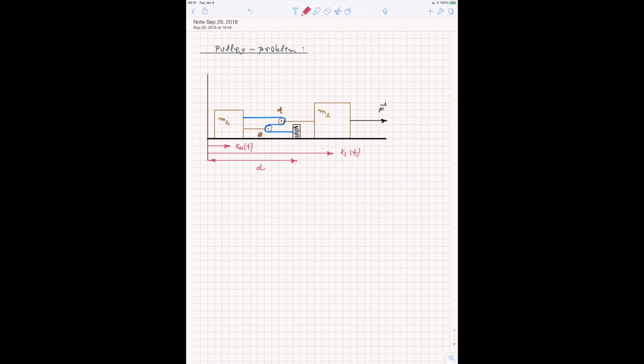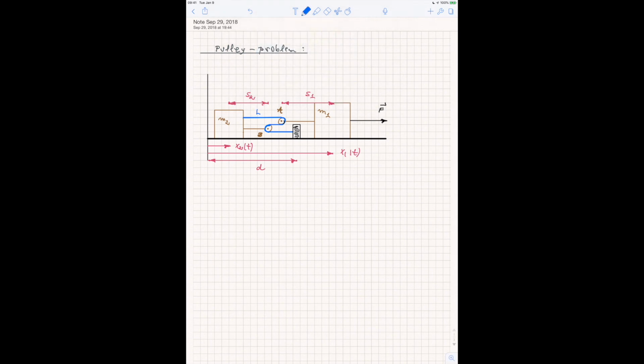Then the distance of the center of mass m2 and the location of pulley B, I denote this distance as S2, and I denote the distance from the center of pulley A to the center of mass m1 as S1.